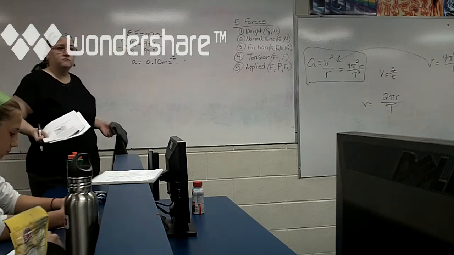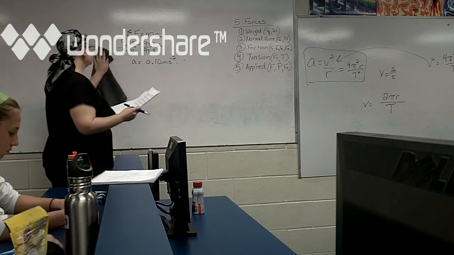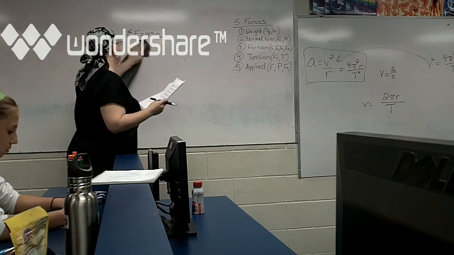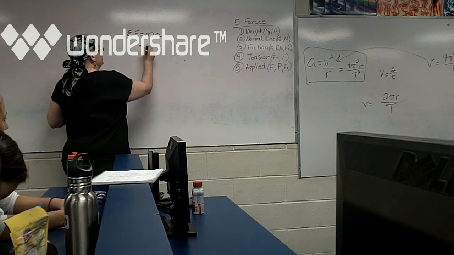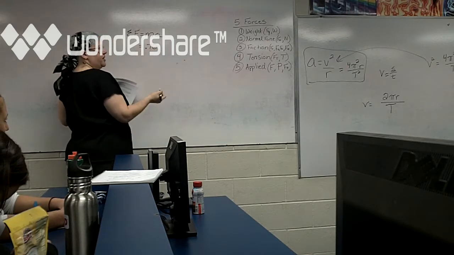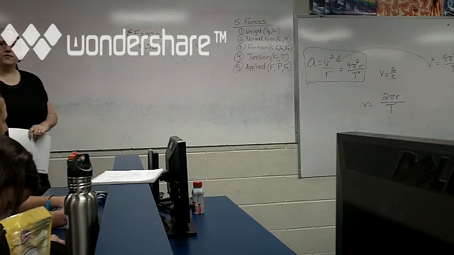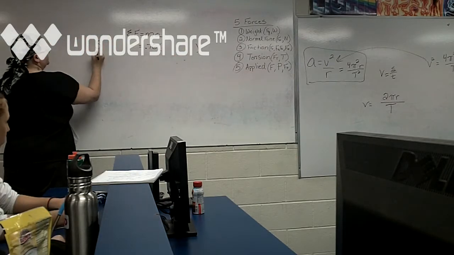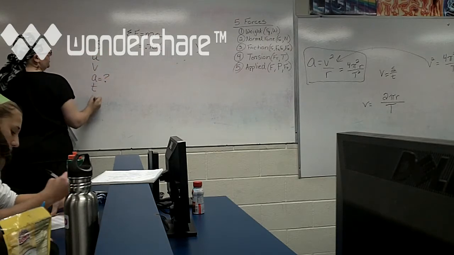So it's moving. It's not a constant velocity, which must mean it's accelerating. When we're looking for the net force, we know the mass of the fist is 0.70. The problem is I don't know what the acceleration is. So if I write out what I do know, I'm looking for the acceleration.